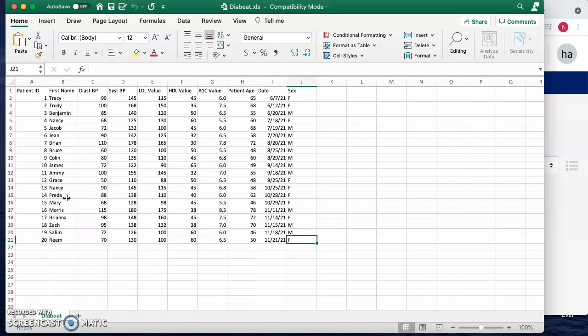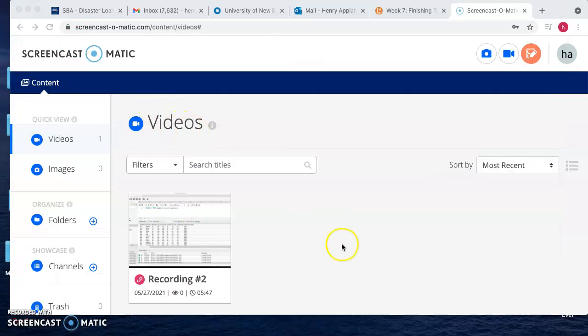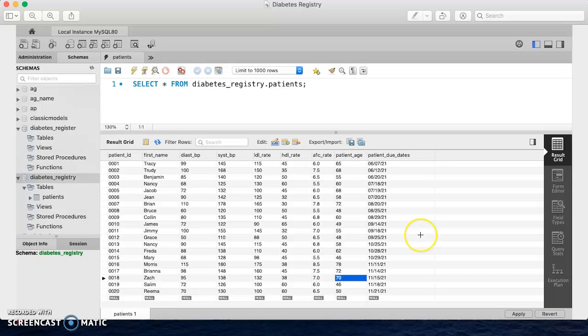Initially, I tried to transfer this database I built in Excel into MySQL. I was trying to import, but it didn't work, so I had to go back into MySQL and actually do everything by hand, creating all this database at the workbench.